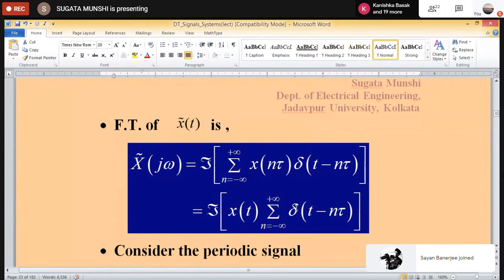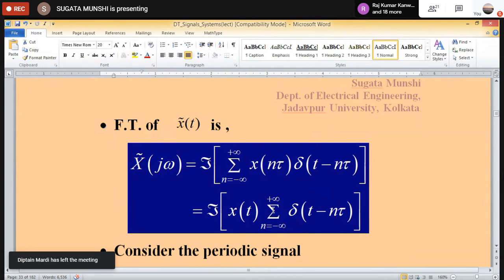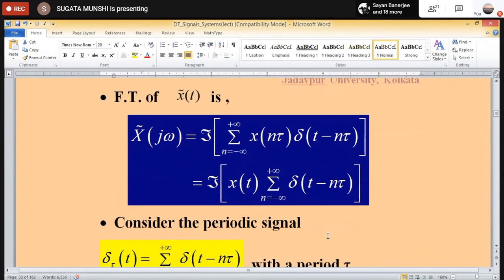Now have a look at the periodic train of unit impulses. It will have its Fourier series, isn't it? If you consider the exponential Fourier series of this periodic train of impulses, what will be the Fourier coefficient? 1 by tau. Very good. It will be 1 by tau for all discrete frequencies.